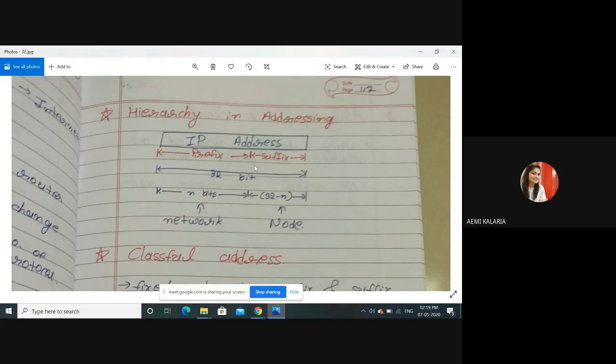Let's say Bangalore is one network, and inside it many wards are there, 128 or 176, I'm not exactly sure, but more than 100 wards. All of those are small networks, and inside the network, so many societies, homes, houses are there, so we can call that a node, right?